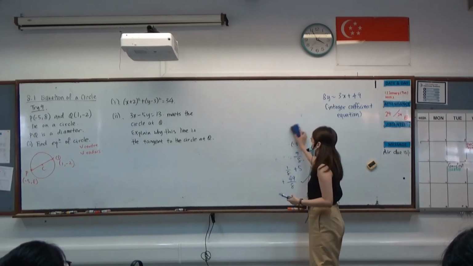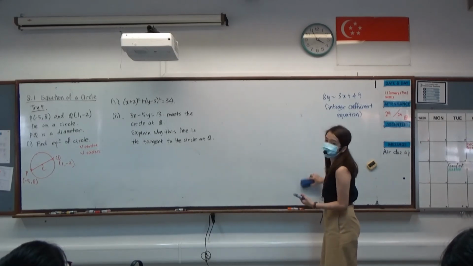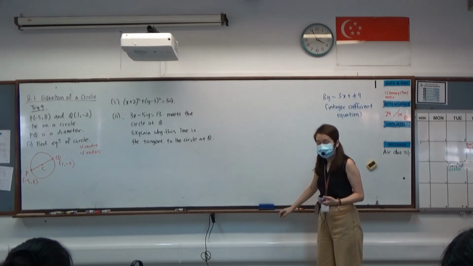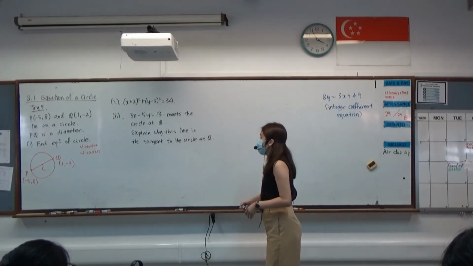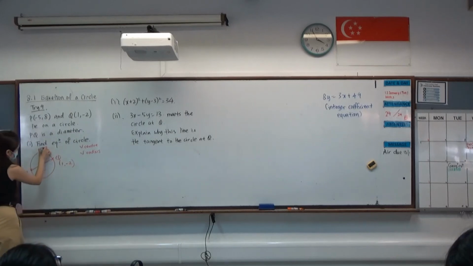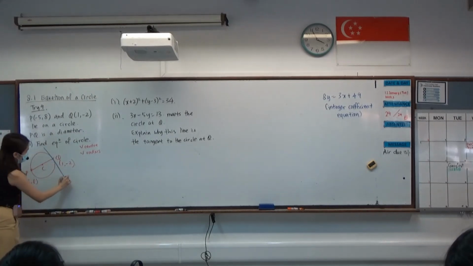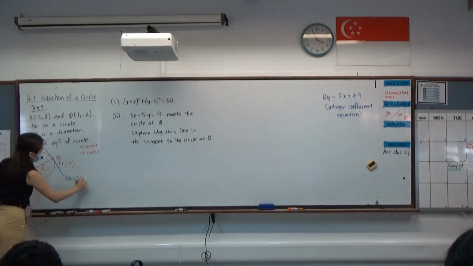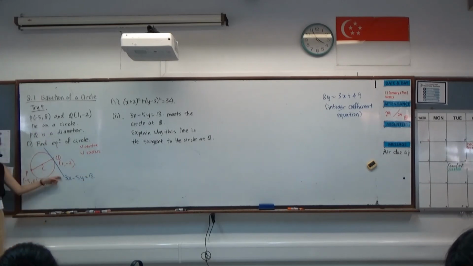For the past few questions, we have been relying on only one property for tangents. Tangent perpendicular radius, right? So if I want to verify that this line, which we have given 3x minus 5y equals 13, is going to be the tangent, it must be perpendicular to the radius.